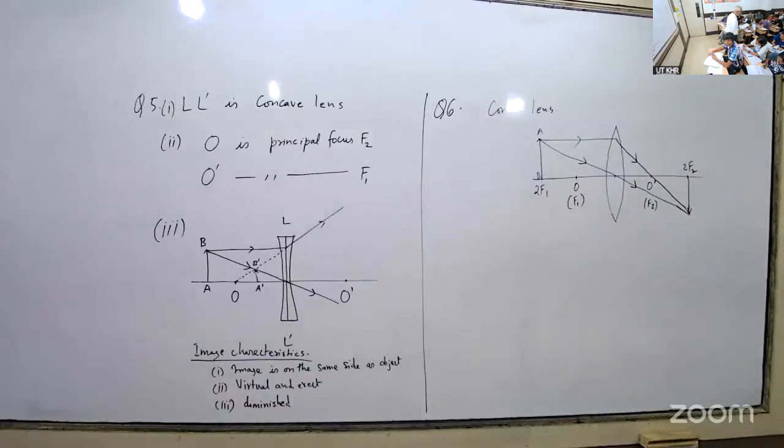What are points O and O dash called? O is principal focus 1, O dash is principal focus 2. Where is the object located? It is located at 2F1. Okay? Where is the image formed? 2F2. What are the two other characteristics of the image?